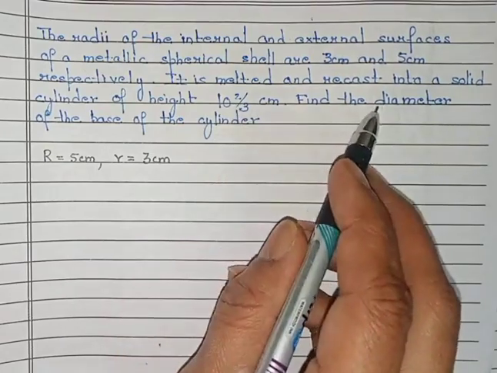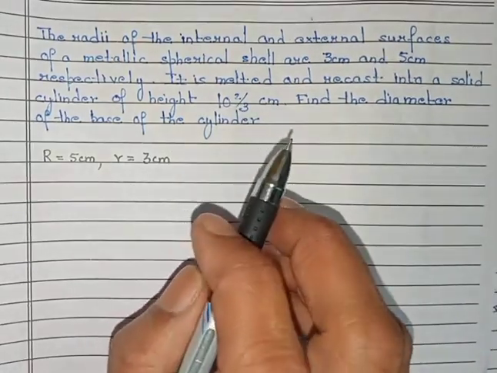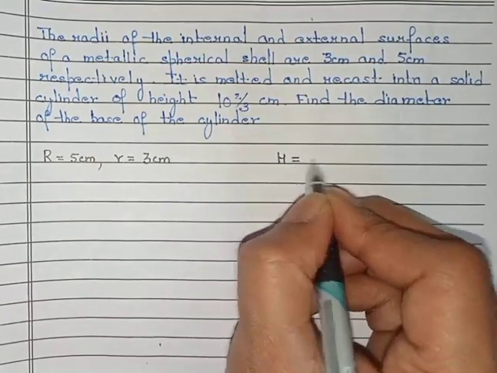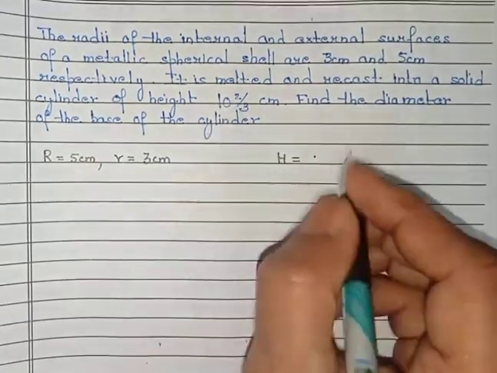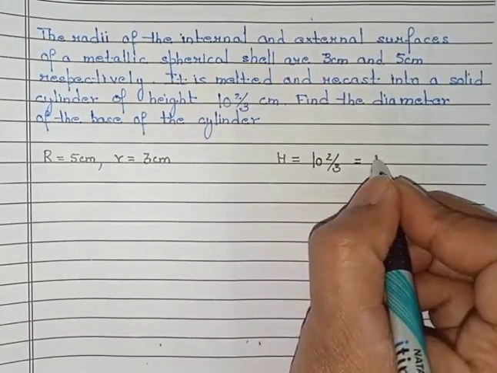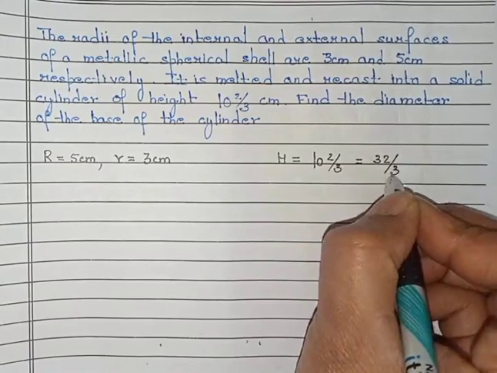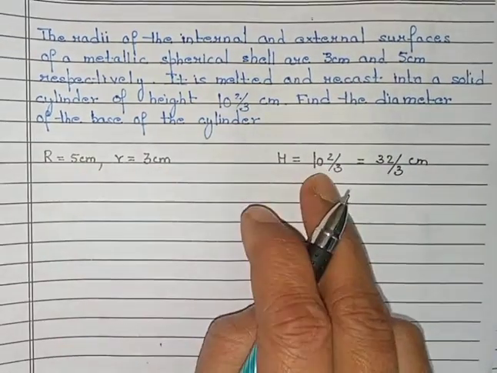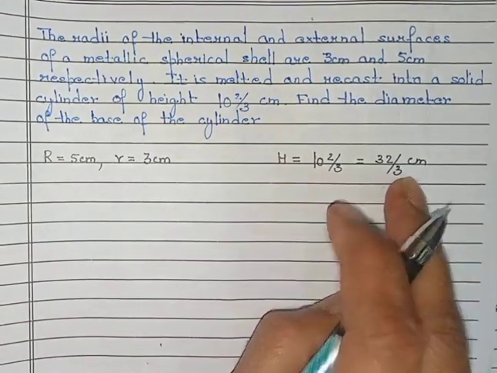They say find the diameter of the cylinder. Height of the cylinder is given as 10 whole number 2 by 3, so it is 32 by 3 centimeter.